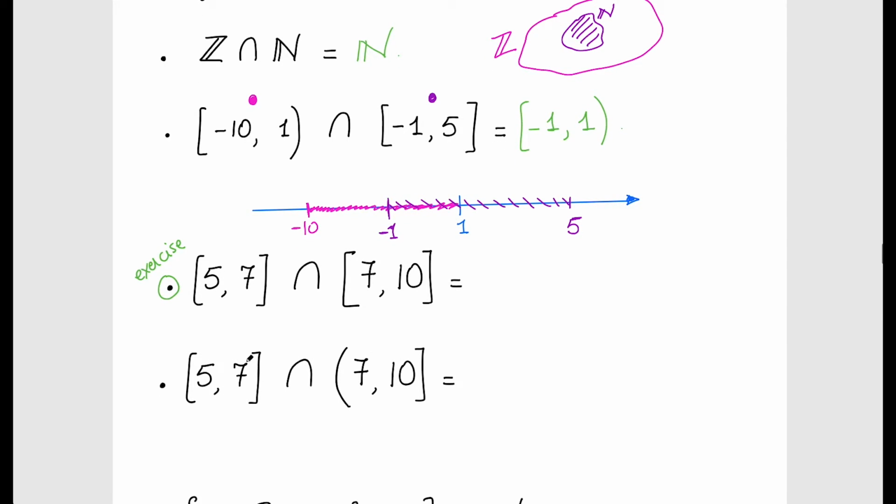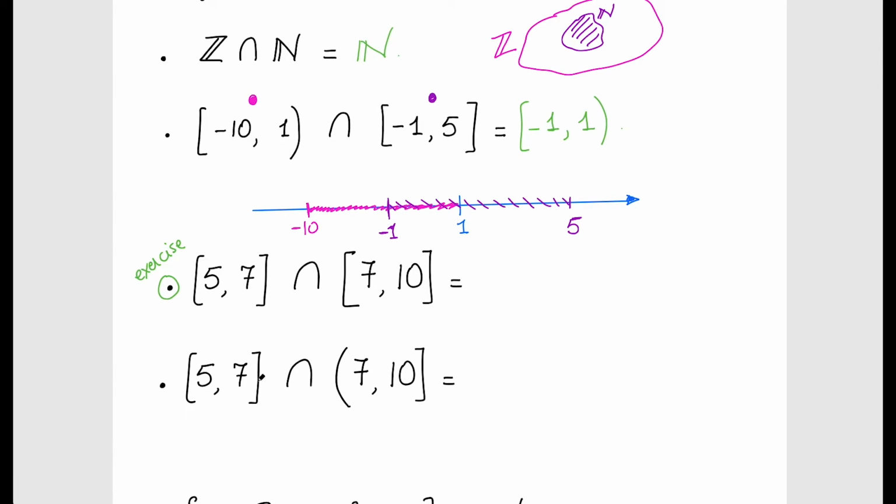That's the collection of all numbers that are between 5 and 7. I want to intersect this. Oh, by the way, 5 is part of the set, 7 is also part of the set. I want to intersect this with the set consisting of numbers that are between 7 and 10, excluding 7, including 10. So what's that intersection? I encourage you to do the same picture as I did before, very close to it.